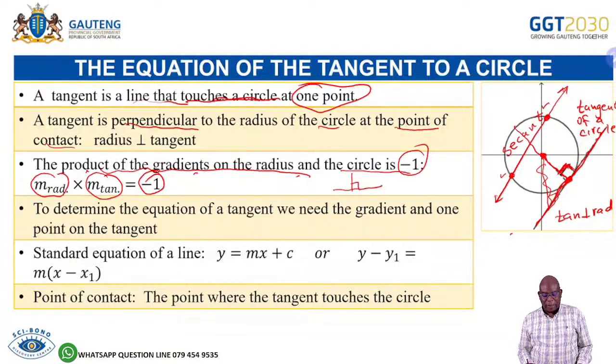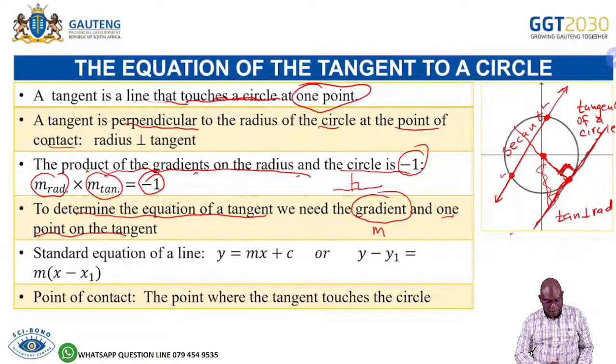The next point, to determine the equation of a tangent, what do we need? We need the gradient. If I've got the gradient and one point on the tangent, then I am good to go to get the equation of the straight line.